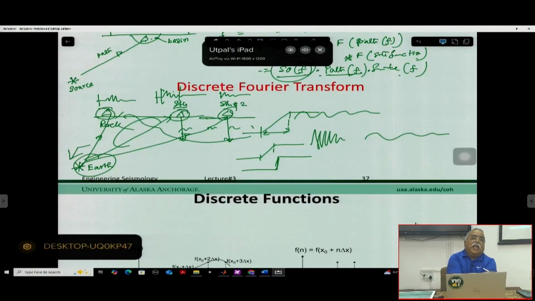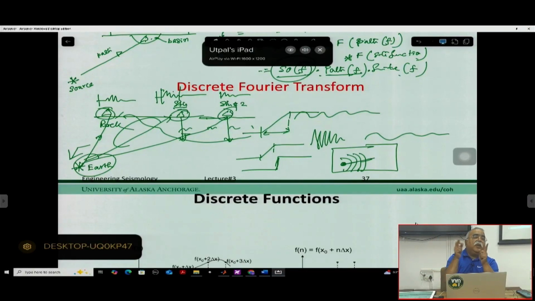Okay, and then what happens? Say suppose this is the fault, and this is the epicenter, and then this fault ruptures, and it will propagate some distance. As it ruptures, each and every point will emit energy, right?